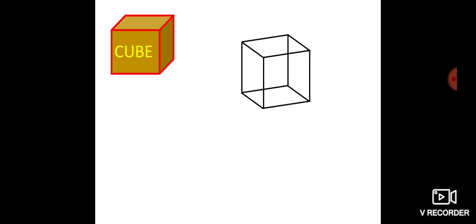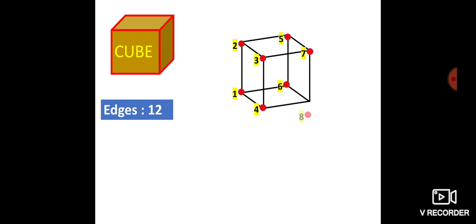So 12 line segments are there. That means 12 edges are there. Number of edges equal to 12 for a cube. Then count the vertex. Vertex means corner. Vertices. 1, 2, 3, 4, 5, 6, 7, 8. Total 8 vertices are there for a cube.